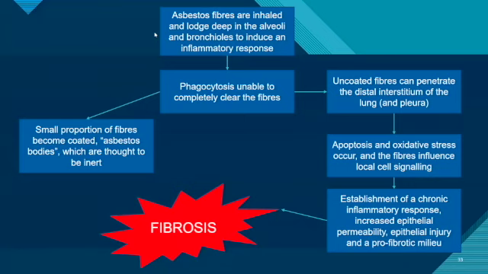And then there are some uncoated fibers that then move into the distal interstitium of the lung and also the pleura, and these then further induce an inflammatory response, and we get apoptosis, oxidative stress, which increases cell signaling. We just get the setup of chronic inflammation, which mainly pushes towards a pro-fibrotic milieu, and we get fibrosis.